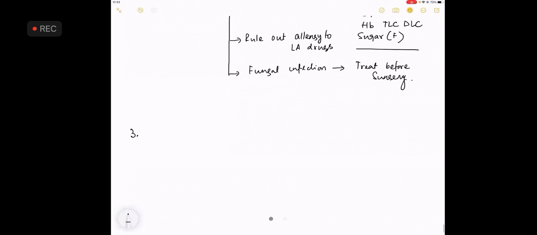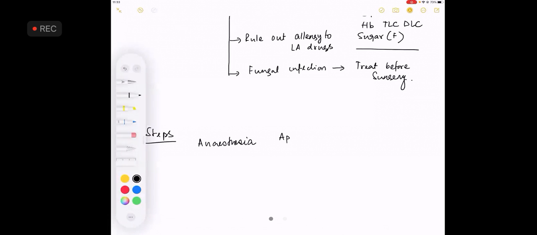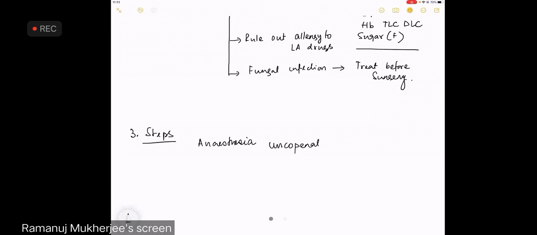Okay. The third question is, the major steps of the operation. Anesthesia, as I have said: if the patient is an uncooperative adult, remember, we go for general anesthesia.